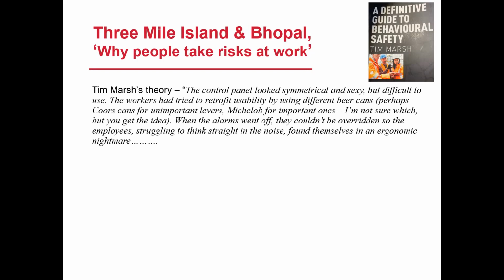He uses Coors as an example for one lever and Michelob for another, that doesn't really matter, but it was important to them to be able to distinguish the difference. When the alarms went off, they couldn't be overridden. So the employees, struggling to think straight with all the noise going around, felt themselves in a nightmare of ergonomics, and that affected their decision-making process.